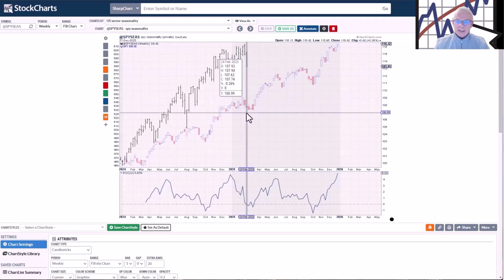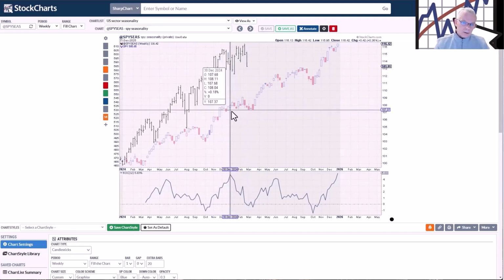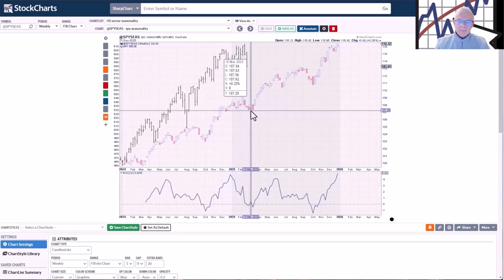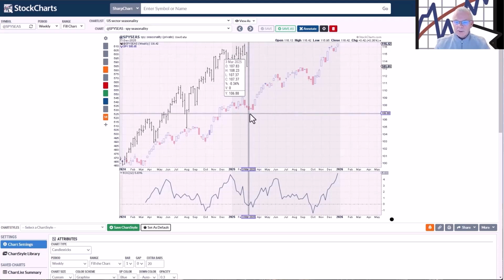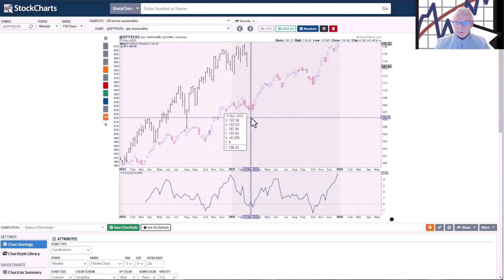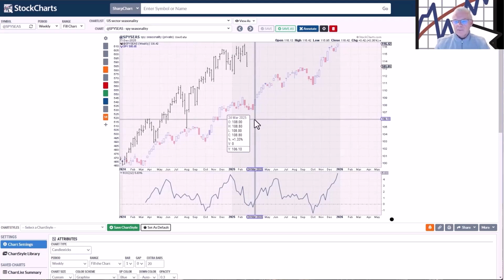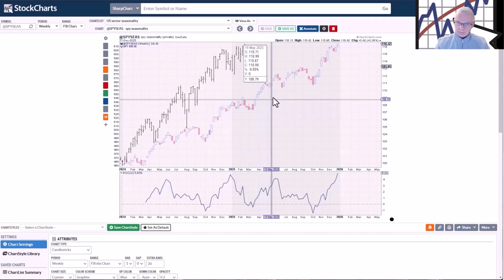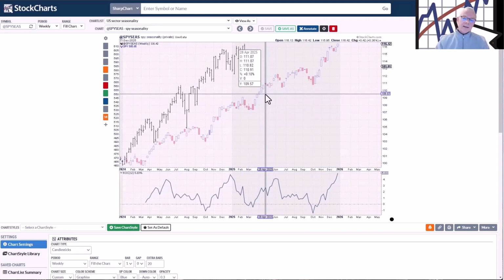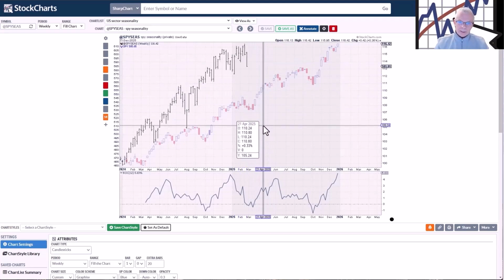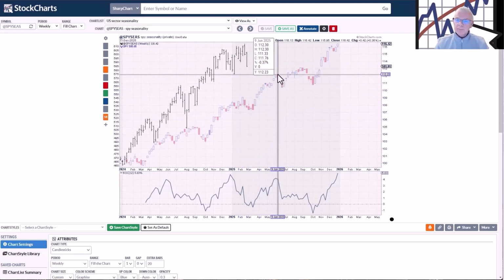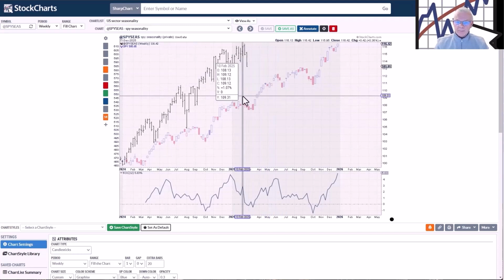What we can see is that based on the seasonality pattern, we will very likely see some sort of a bottoming between, let's say in the first half of March, maybe somewhere in the month of March, we're going to see some form of bottoming followed by a new rally. Now, because these are averages, this could go down and move up with this peak not moving beyond the prior peak.